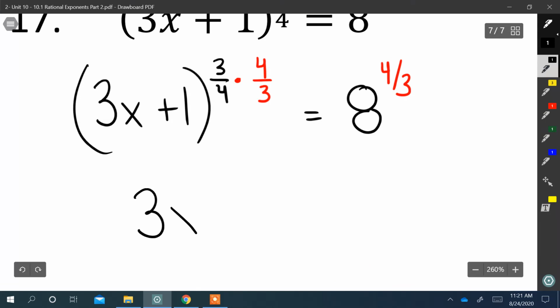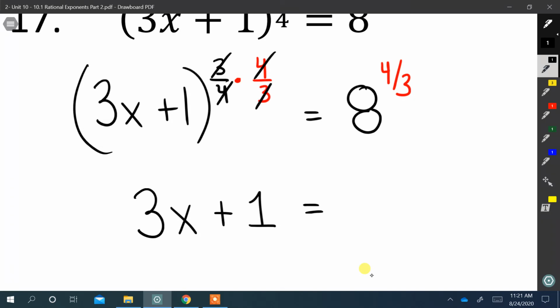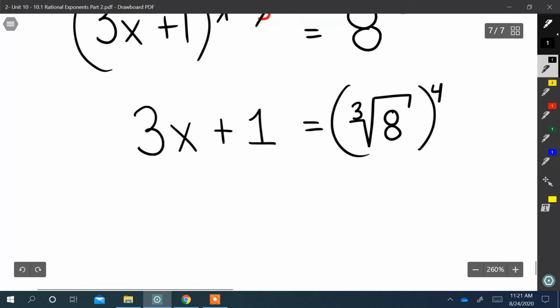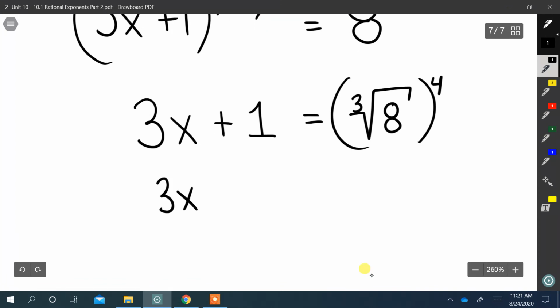And then we end up getting 3x plus 1, because again, this and this and this will cancel. And then this one we can write it as a radical, which the cube root of 8 is 2.